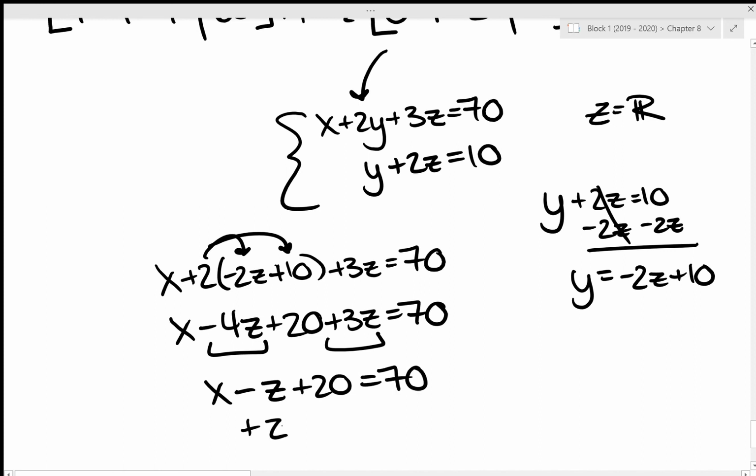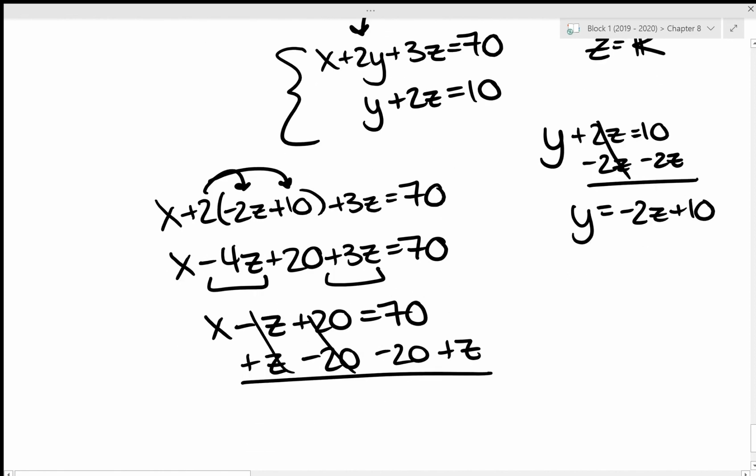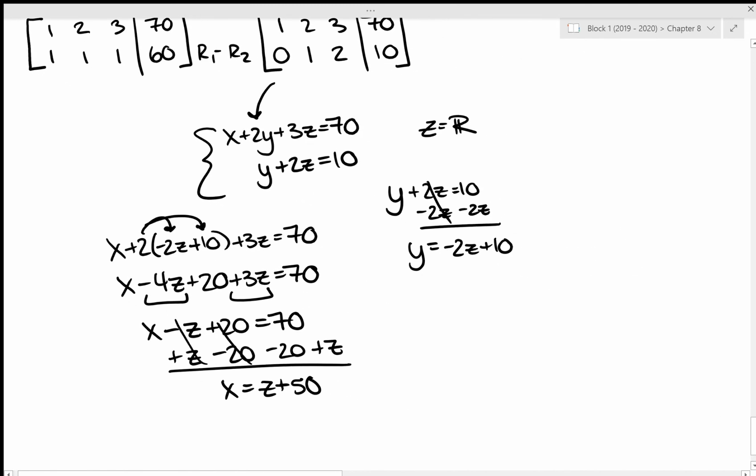And I will now isolate x. So minus 20 plus z. So I get an x of z plus 50. So your final answer should have been z plus 50, negative 2z plus 10, or 10 minus 2z, and z.